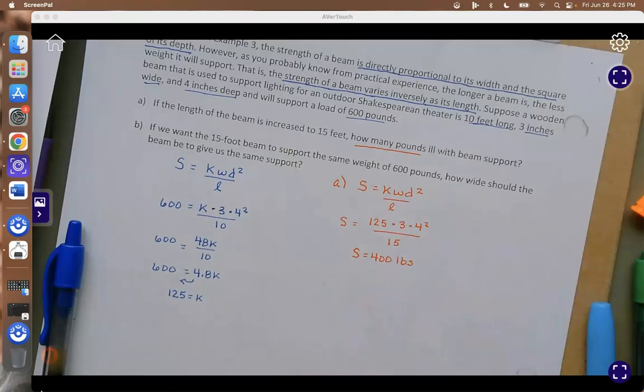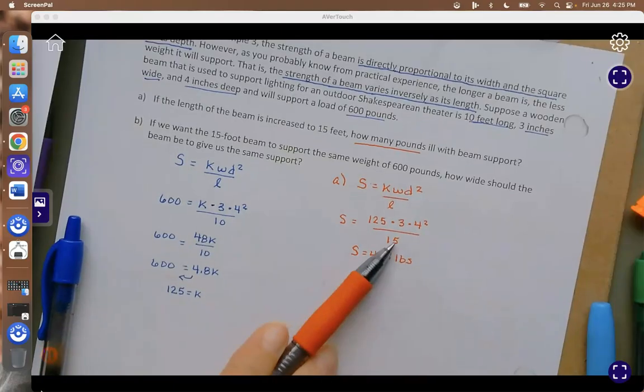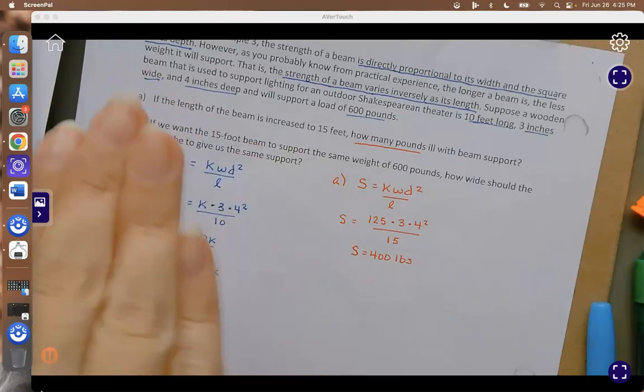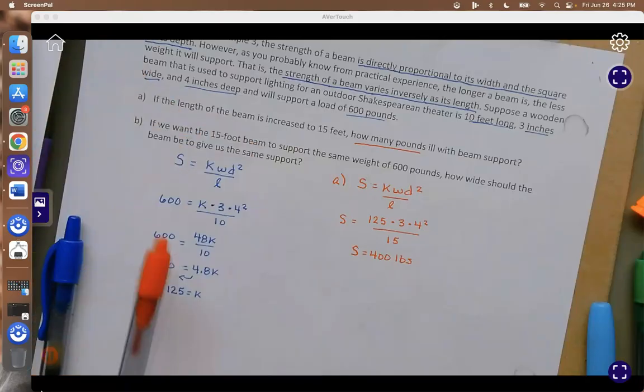Okay? The longer the beam, the less weight it'll support. Why? Because when you stretch that out, the middle gets weak, right? And it'll break in the middle. All right, so let's look.